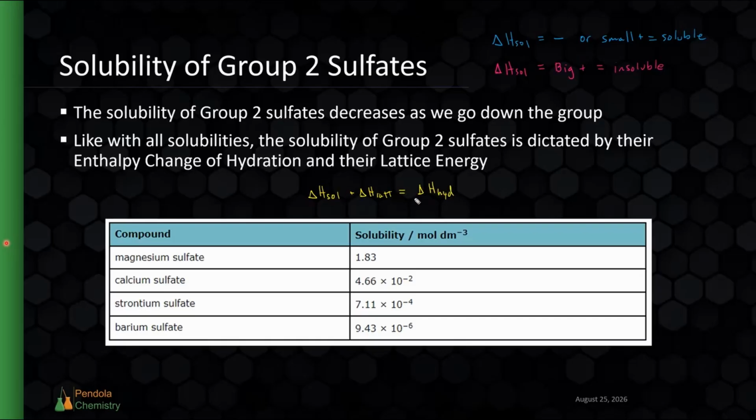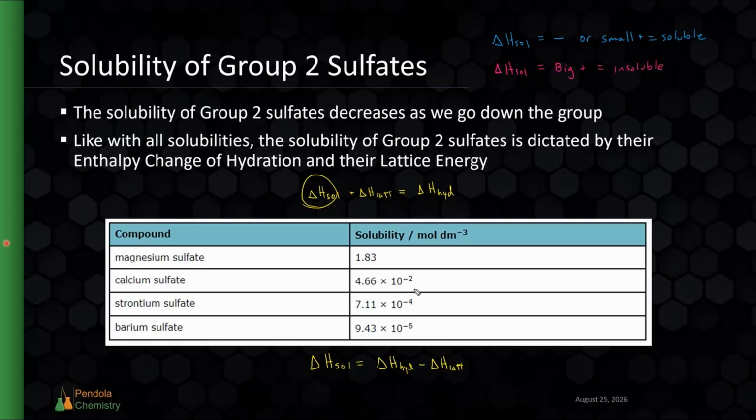So if we rearrange this equation to isolate solution, we get that the enthalpy change of solution is equal to the enthalpy change of hydration of the ions minus the enthalpy change of the lattice energy.